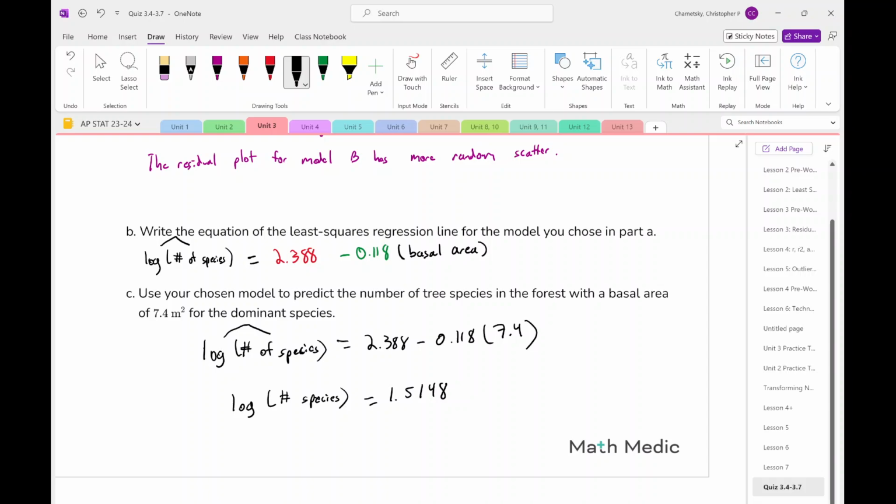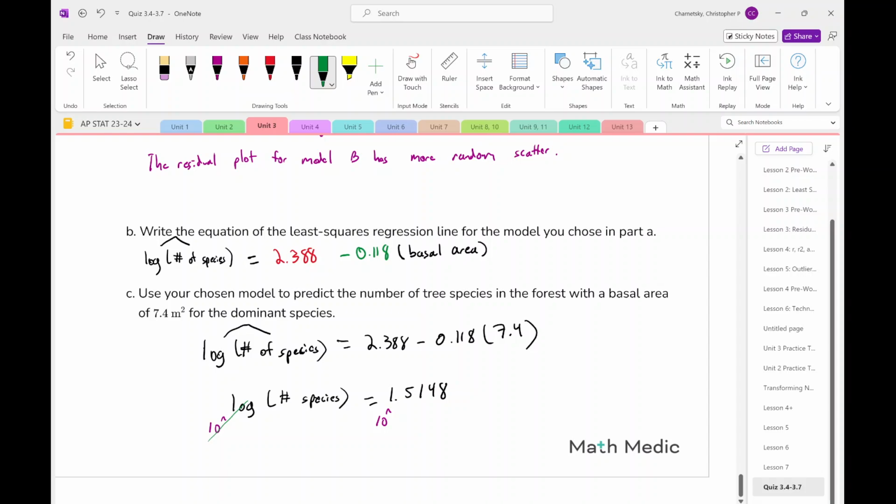So if we raise both of these as a power with a base of 10, those are going to cancel out. Base 10 to the log number of species cancels out.